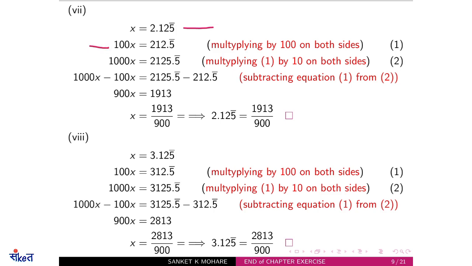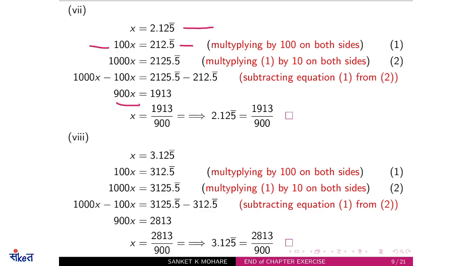So 10 into 100, 1000x is equal to 2125.5 bar. After multiplying this by 10, the decimal will shift by one place. Subtracting equation 1 from 2, we get 900x is equal to 1913, which gives the value of x as 1913 upon 900. Therefore the decimal number 2.125 bar can be expressed as 1913 upon 900.